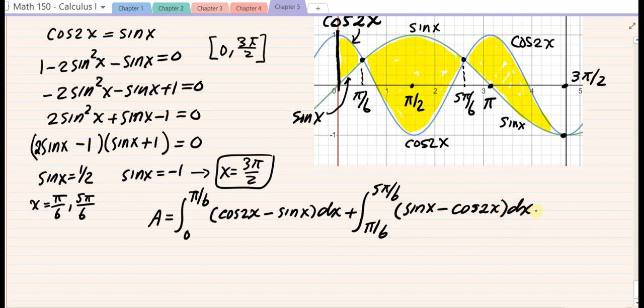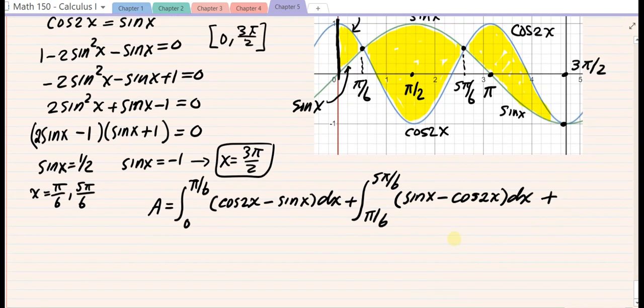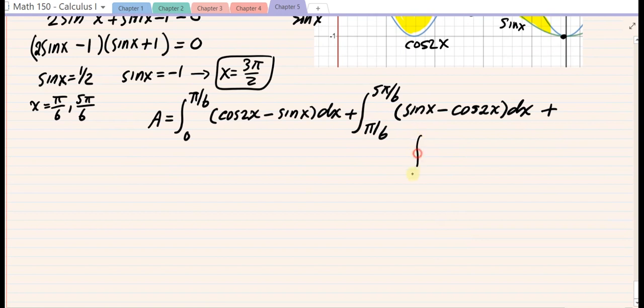And finally, for the last piece, plus the last piece, cosine sits above sine. That's from 5 pi over 6 to 3 pi over 2. It's cosine 2x minus sine x dx.